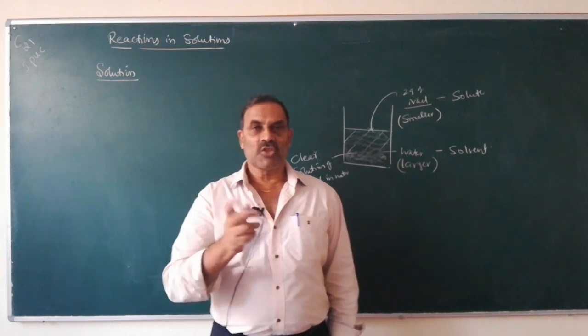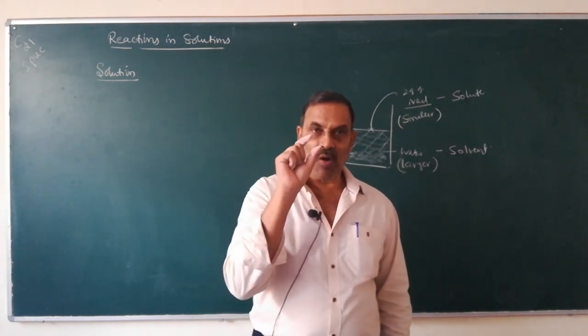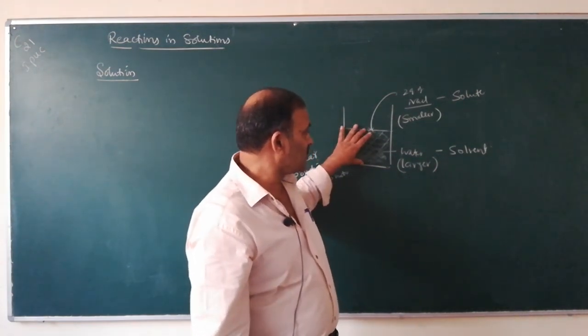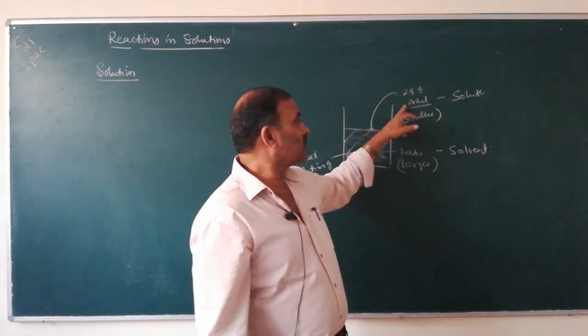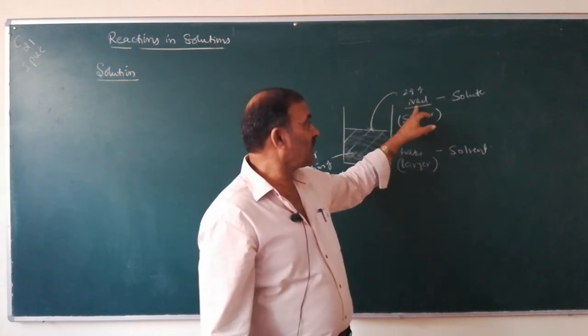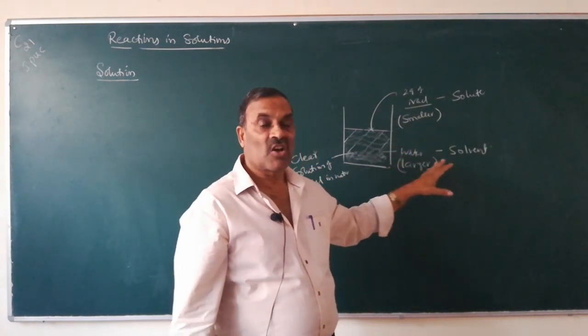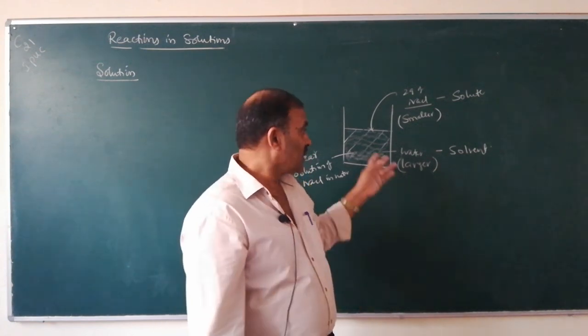Out of these two substances, here water is present in larger amount and sodium chloride is present in smaller amount. So sodium chloride is called the solute and water is called the solvent. Then how do you define a solution?